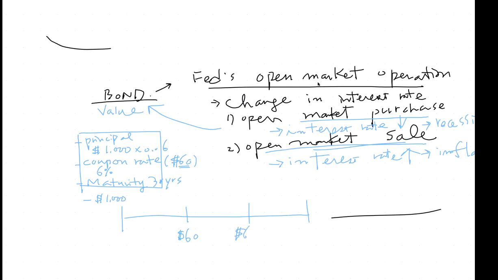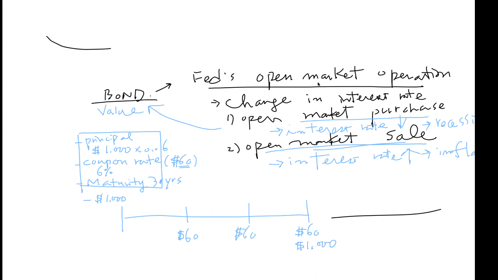If you borrow money from the bank, you have to pay interest payment, right? $60. Then at the end of the 3rd year, it matures, meaning the borrower pays back 1,000. So this is cash inflow, cash outflow.